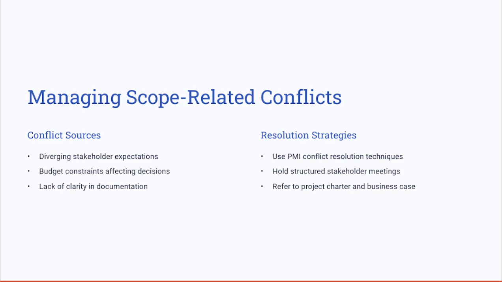So these scope conflicts can be avoided when multiple stakeholders have different priorities. As a project manager, it is essential to align the expectations, establish transparent communication, and resolve conflicts based on the project objectives.